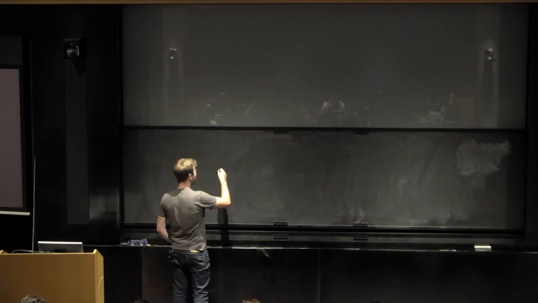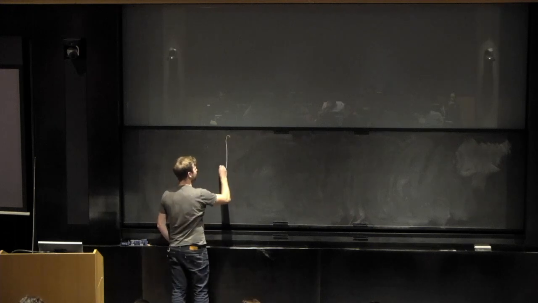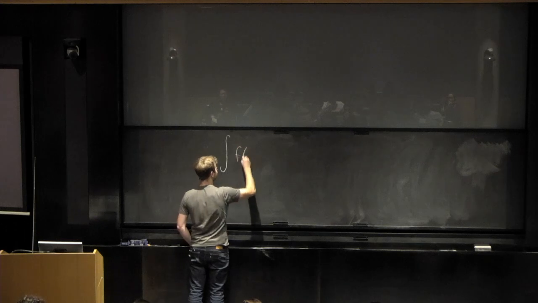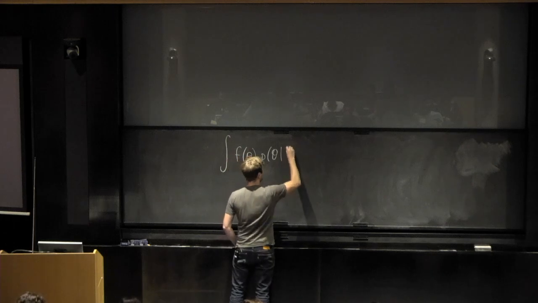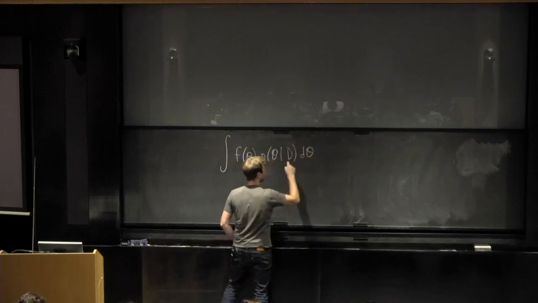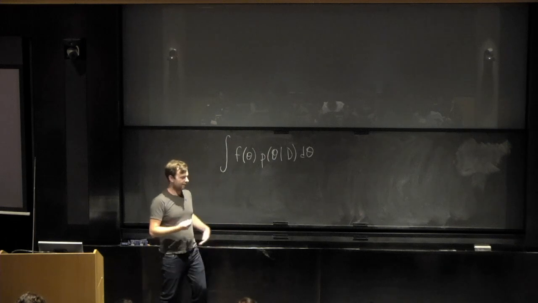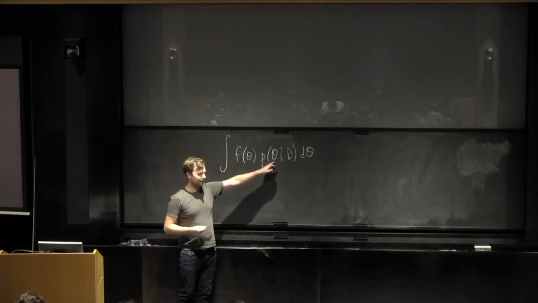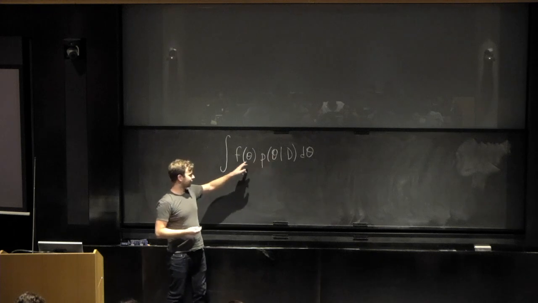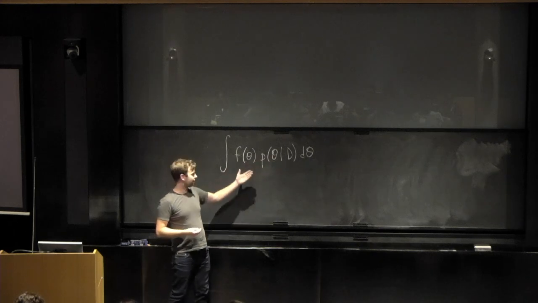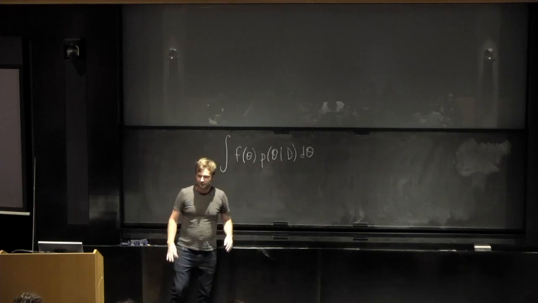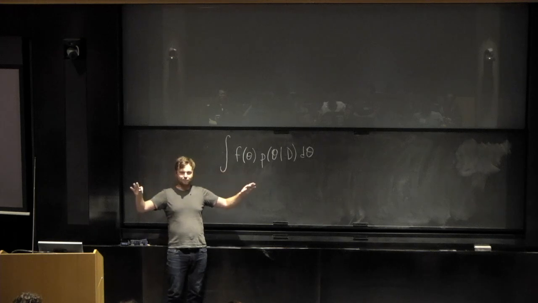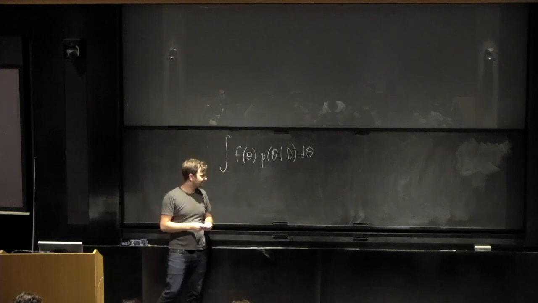The integrals that you want to do have some form like this, where D is some representation of your data. This is the posterior probability. Theta are your parameters. And you want to evaluate some expectation of some function of your parameters weighted by the posterior probability. This is all of Bayesian inference, and in my world, it's basically all of science.